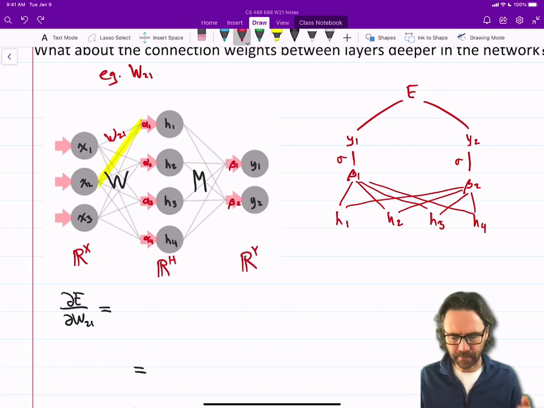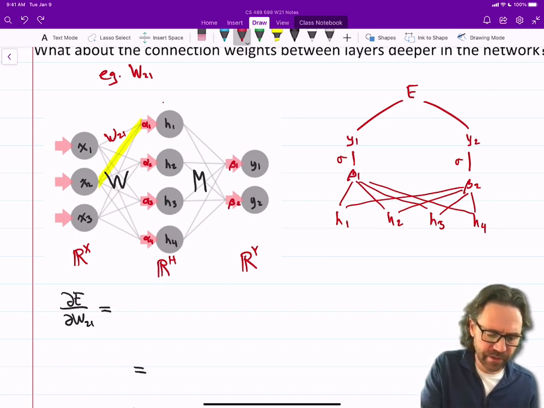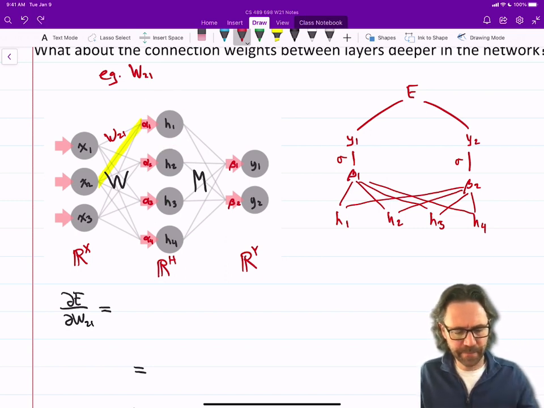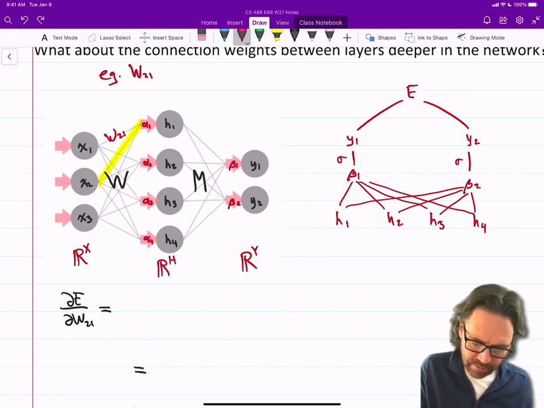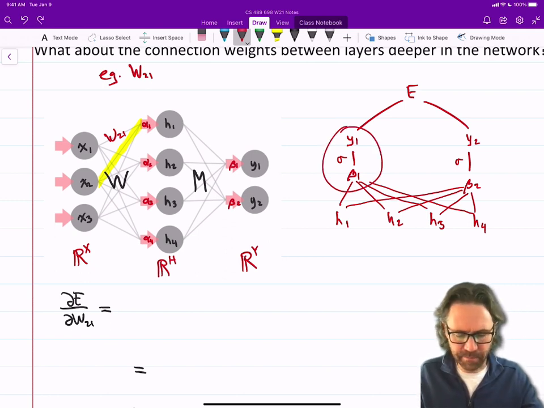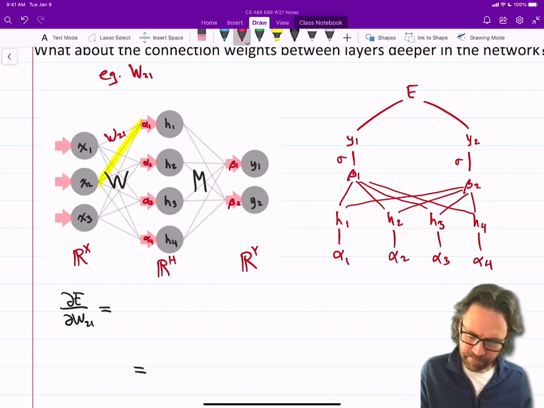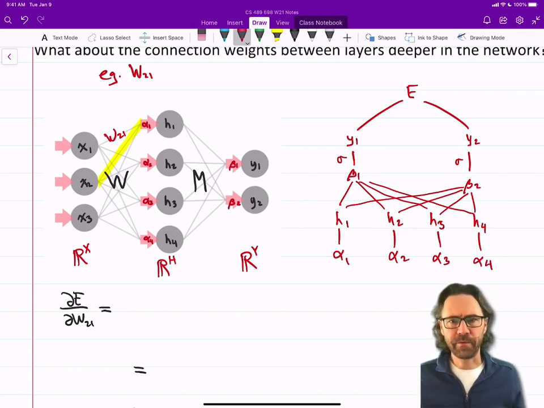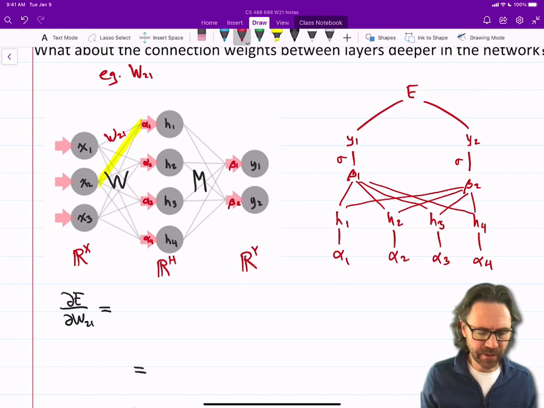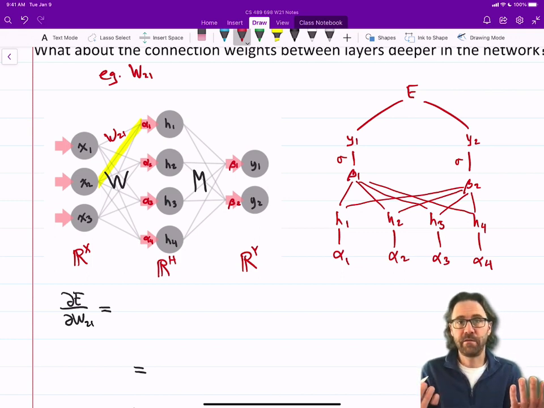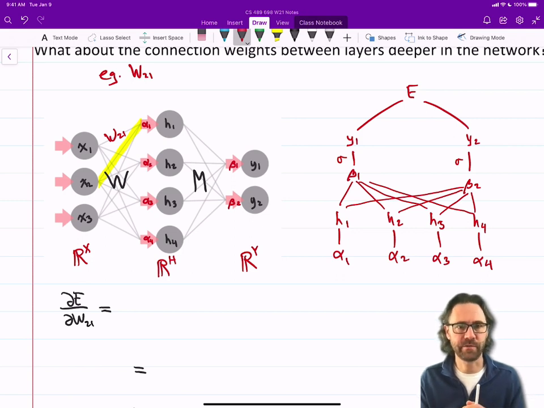Okay, so each of those H's depends on alpha. Just like we had up here, the y's depend on beta, each h depends on alpha. Now each alpha depends on the input current, the weighted output from the x nodes.